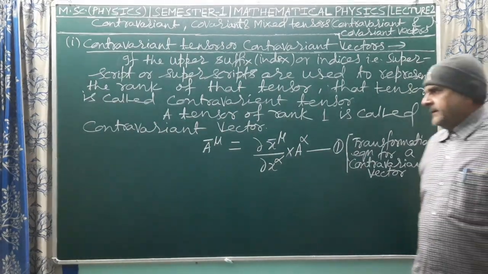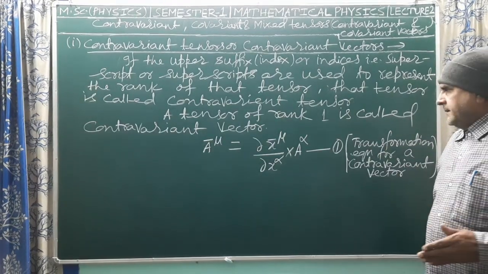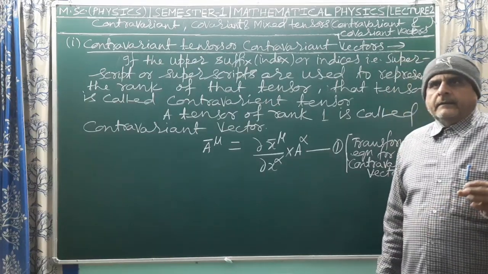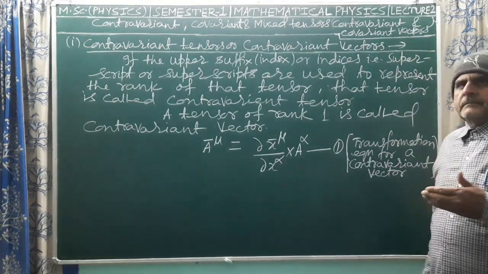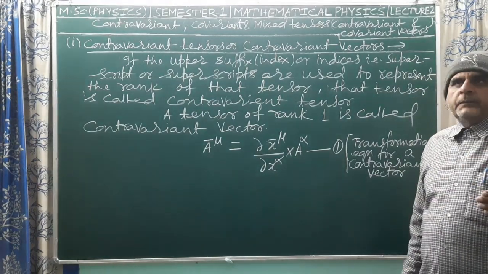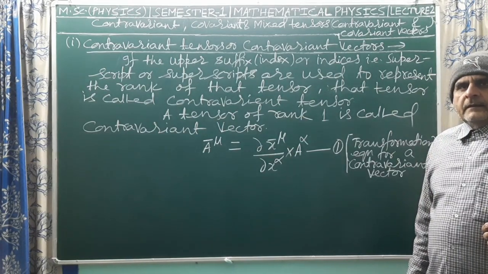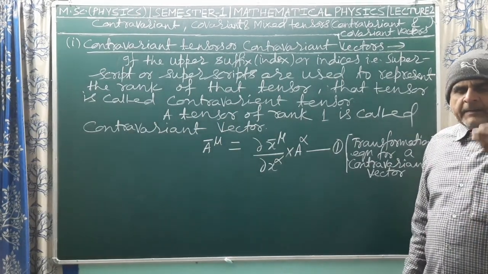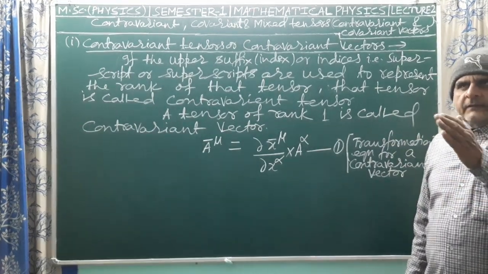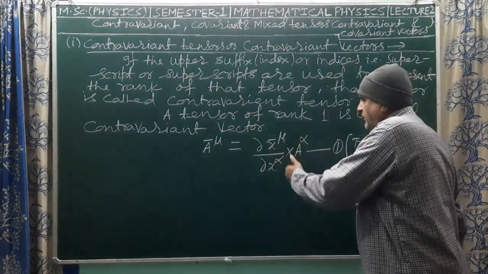where a bar mu and a to the power i are a set of quantities, with i having values 1, 2, 3 and so on to n, in a system of variables x to the power mu.